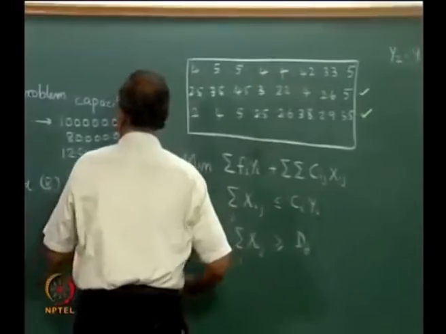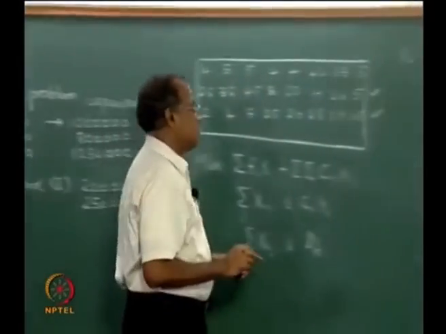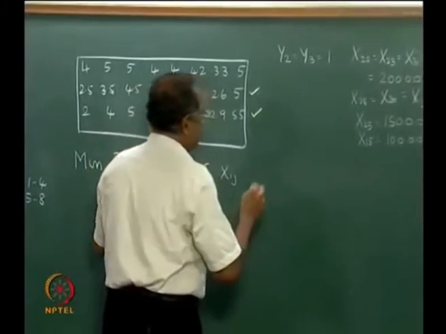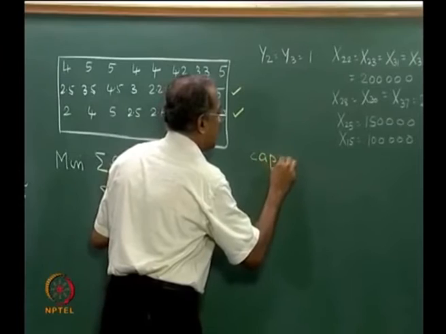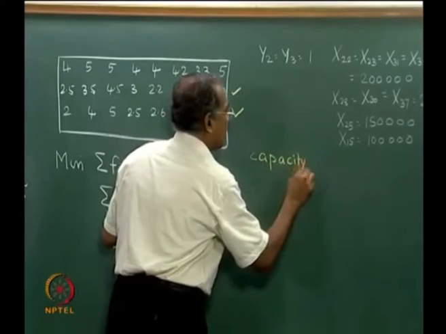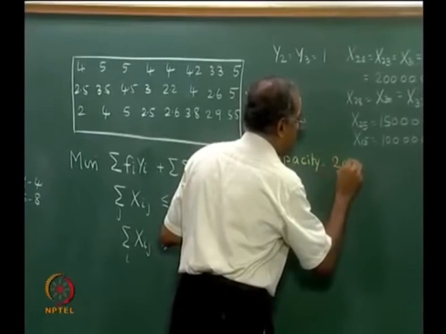So, the capacities are 800 plus 1250, so 2,050,000 is the available capacity.